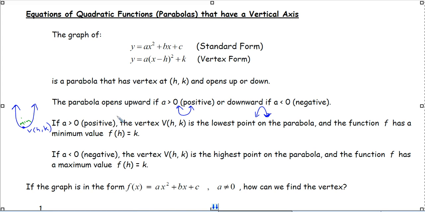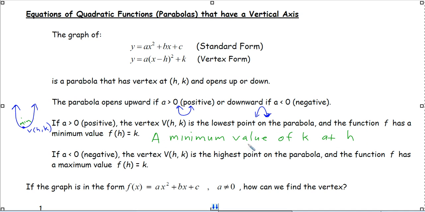So I might say that this function or this parabola has a minimum value of k. I might go a little bit farther and say it has a minimum value of k at h. There are other ways to write this.